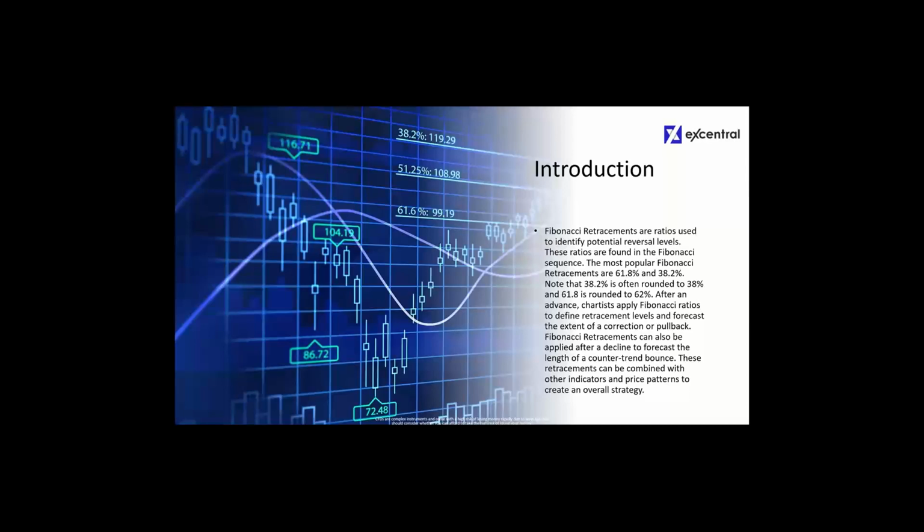Now, when we talk about Fibonacci retracements, we're actually talking about retracements of an asset at a 61.8% level, a 38.2% level, and it goes on to 78.6% to 100% or 0. And also we talk about a 50% retracement.